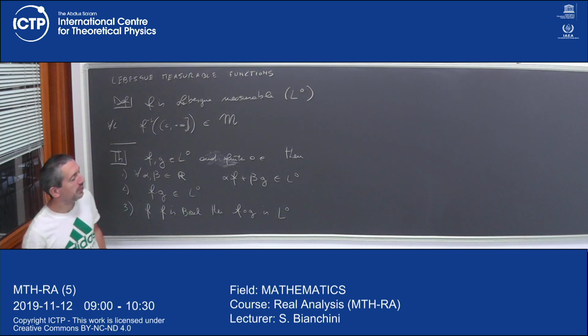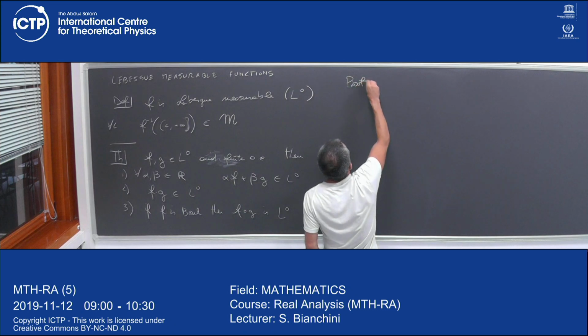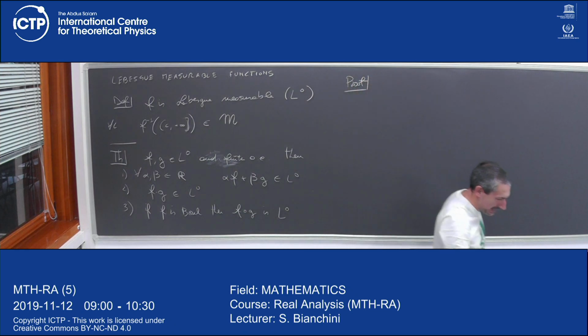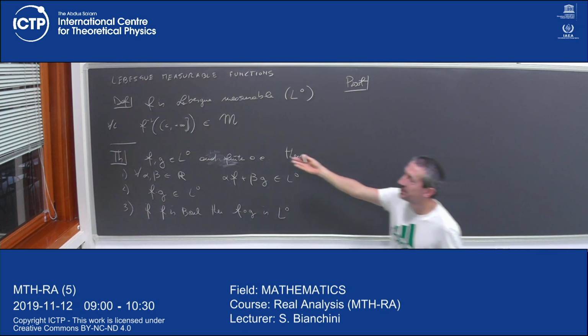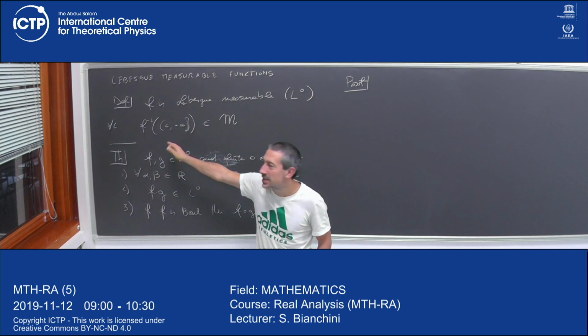Okay, so the proof is the same for many of these theorems, and we will see later, for example, limits. You have to write exactly this definition. So can you compute this set?